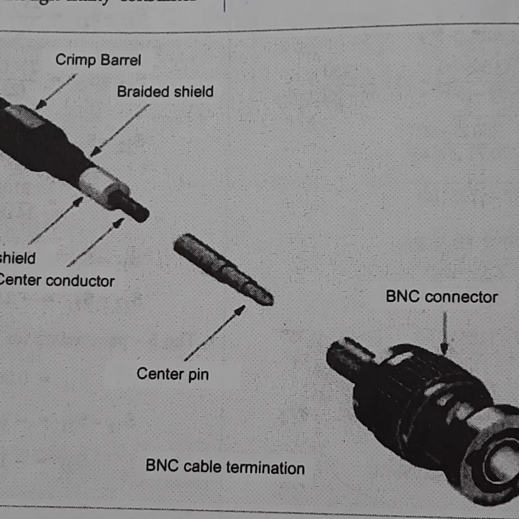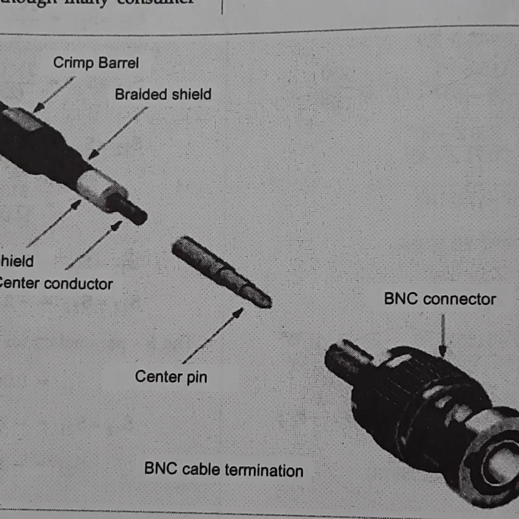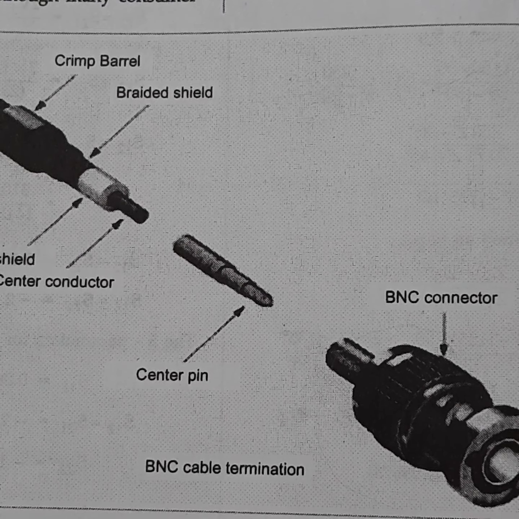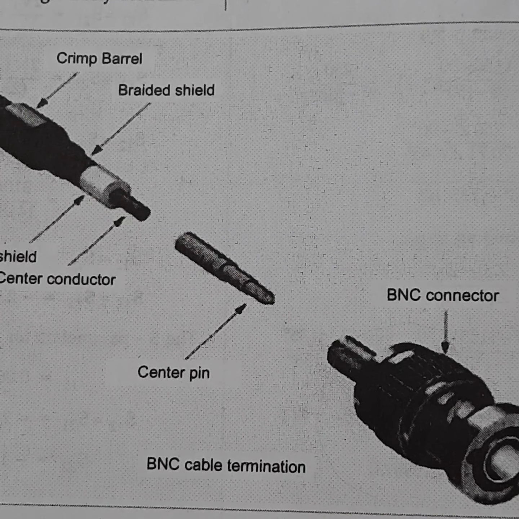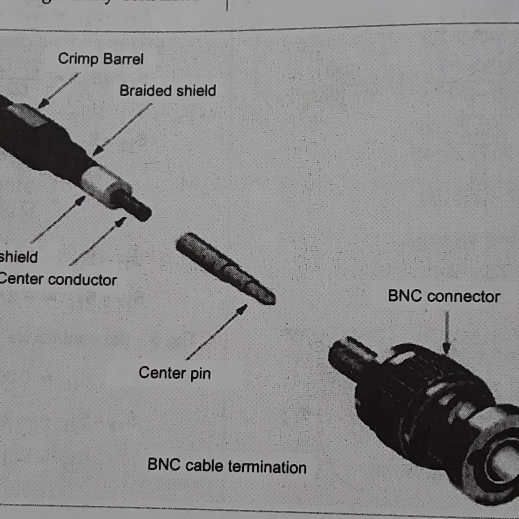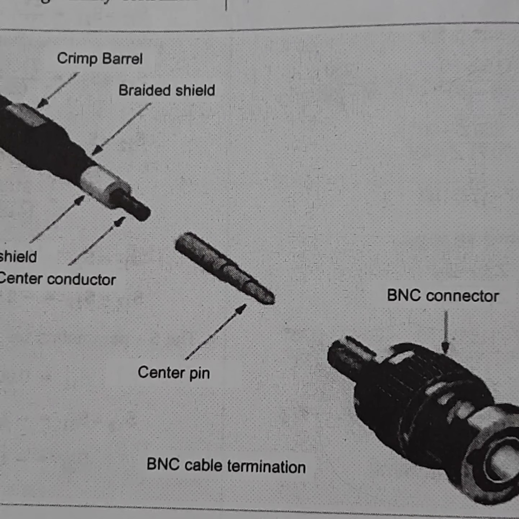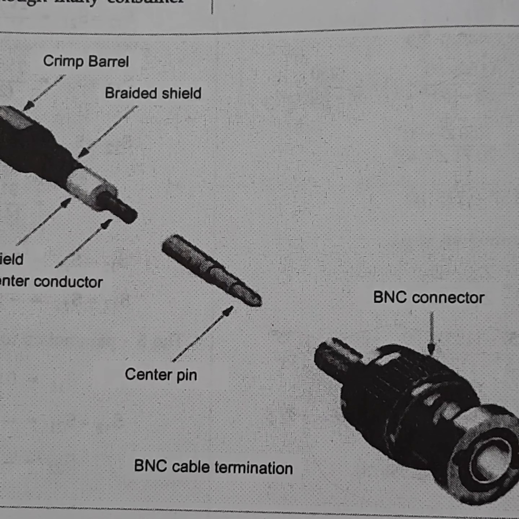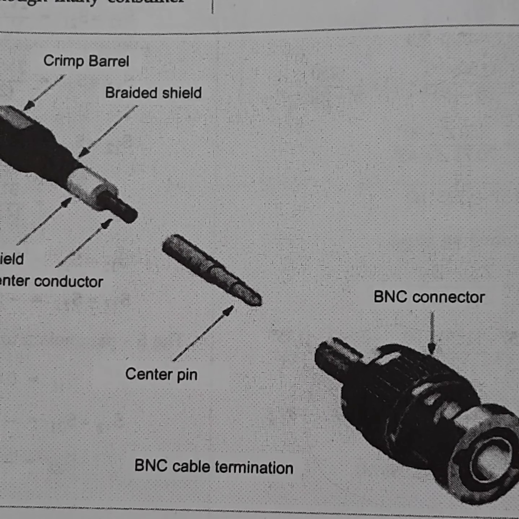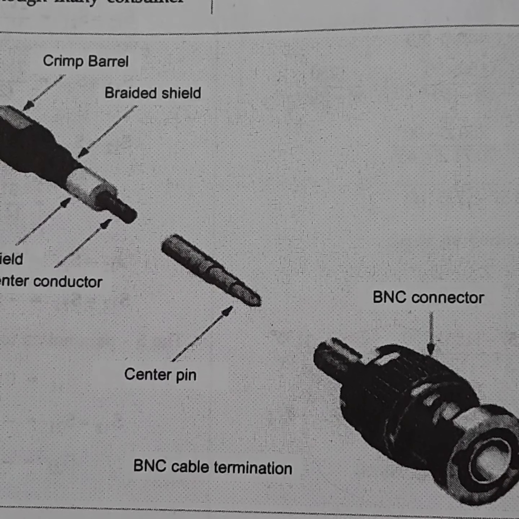RCA means Radio Corporation of America. RCA connectors are used for composite video on commercial video devices, and even consumer electronic devices with RCA jacks can be used with BNC commercial video equipment via a simple adapter.